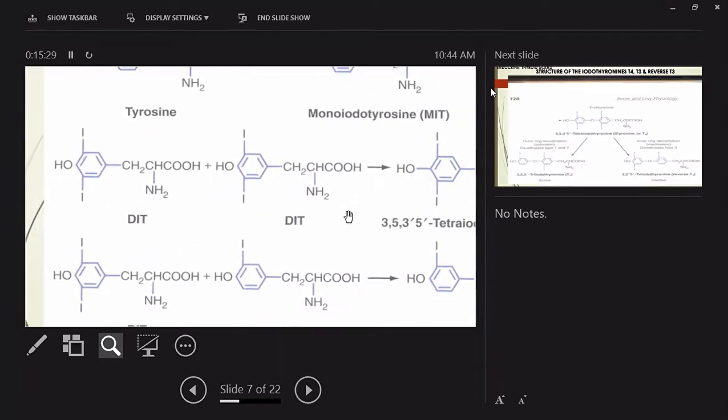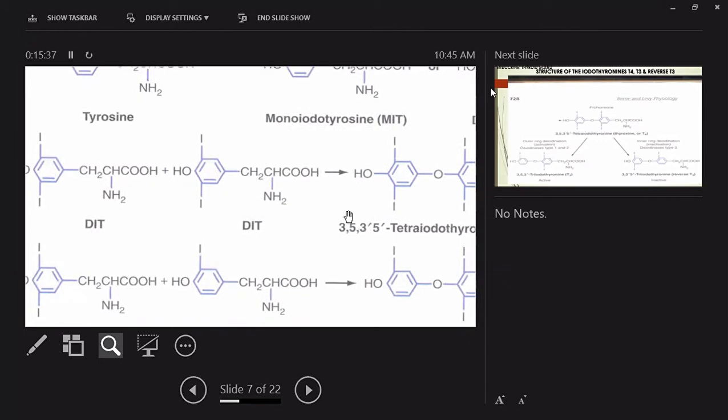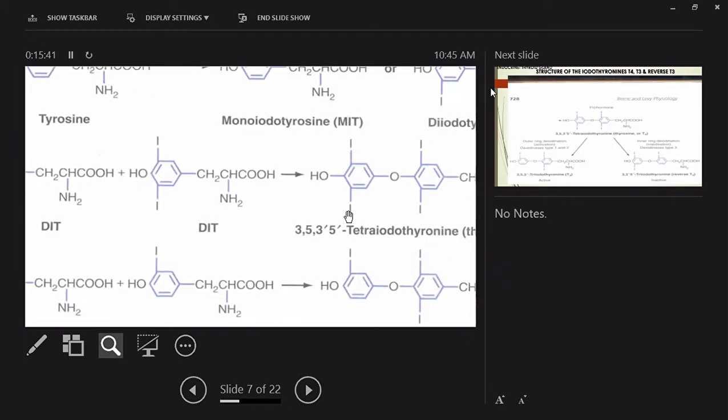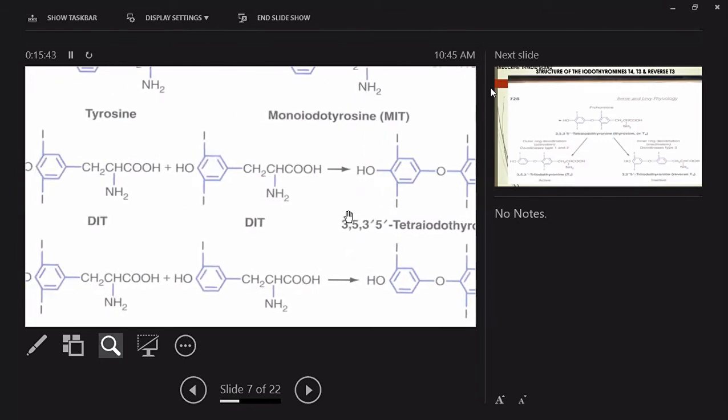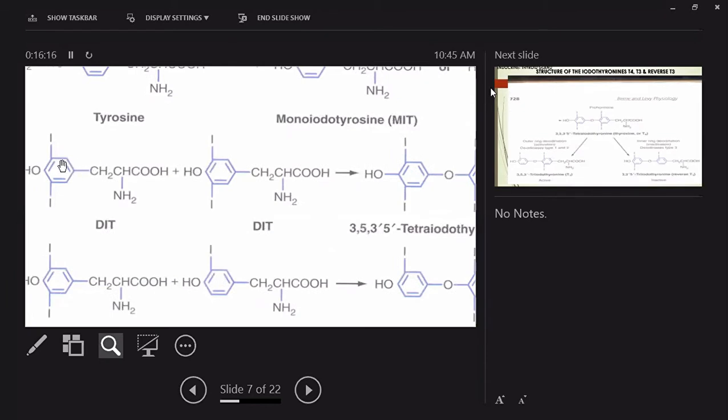Now, if DIT will combine with another diiodotyrosine, that will form your 3, 5, because that is 1, 2, 3, 4, 5. 1, 2, 3. 1, 2, 3, 4, 5.